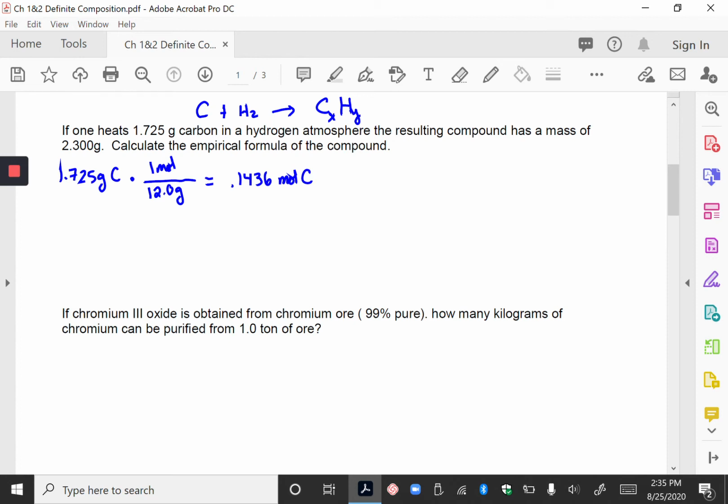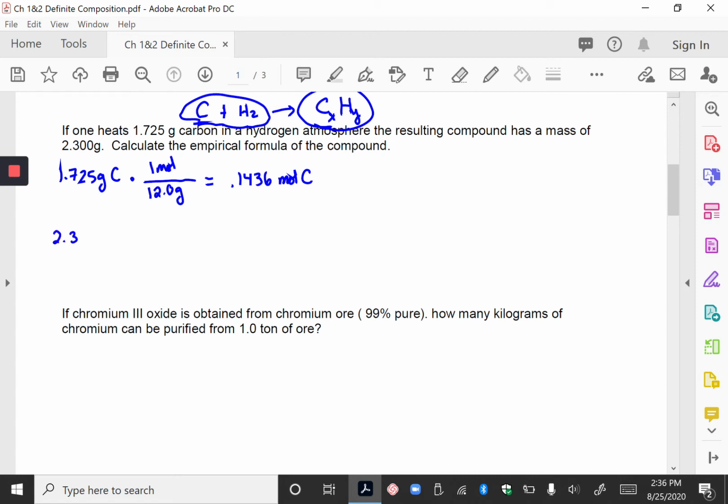And we're going to do the same thing for hydrogen, except they don't give us the grams of hydrogen. They do give us the mass of my products and the mass of the carbon. And we know, based on the law of conservation of mass, that the mass of my products should equal the total mass of my reactants, right? So if I take the mass of my products, subtract the carbon, I would get the mass of the hydrogen.